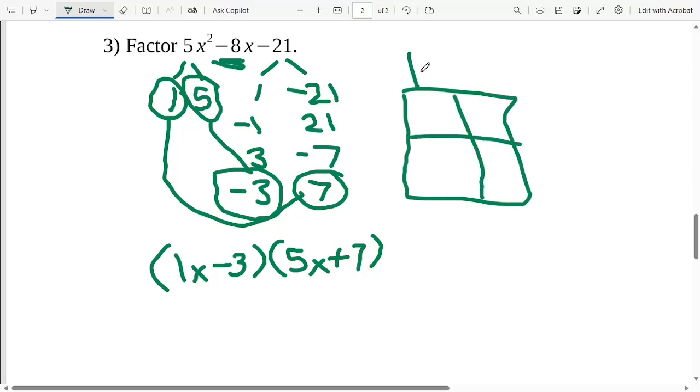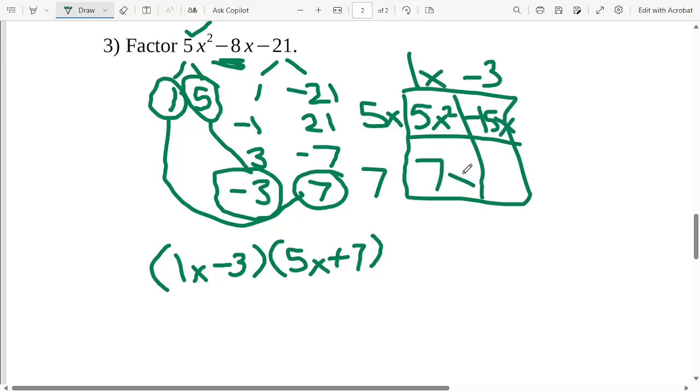All right, so we have 1x, a -3 here, 5x, and a +7 here. So 5x times 1x is 5x squared. That's our first term there. 5x times -3 is -15x. 1x times 7 is 7x.